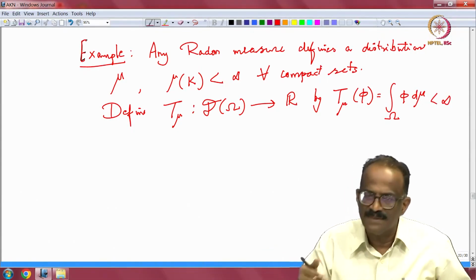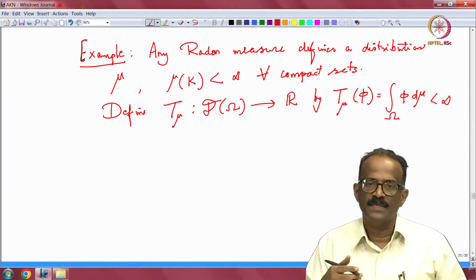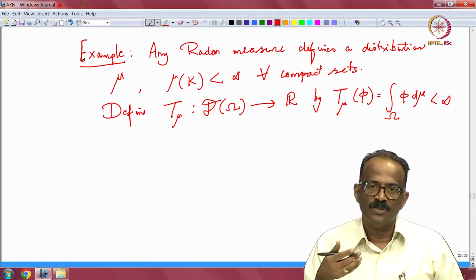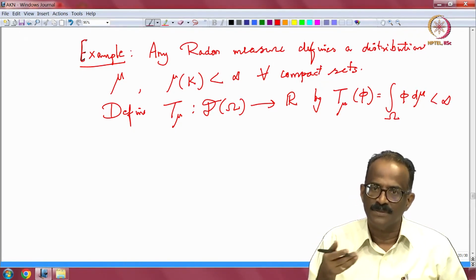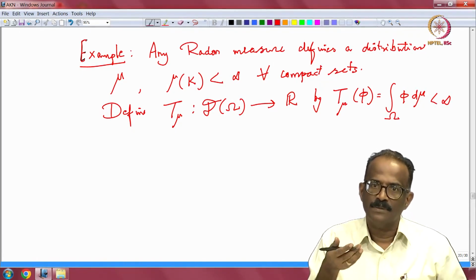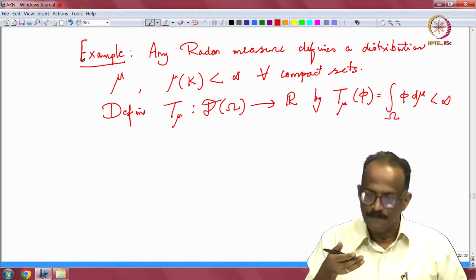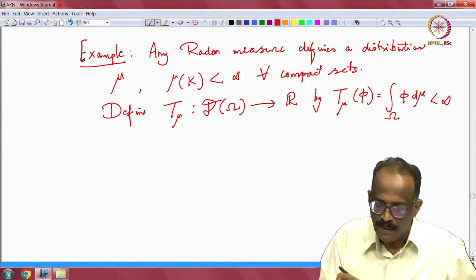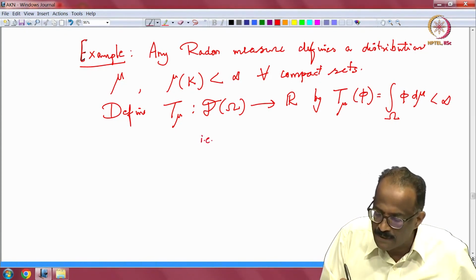You can also check that it is linear, which is obvious, and you can check continuity: if phi_n converges to phi, or phi_n converges to 0, in D(Omega), then it is a uniform convergence, and you can pass to the limit in the integral of phi d mu. That is, T_mu of phi_n converges to T_mu of phi, because it is a convergence of integrals under uniform convergence.